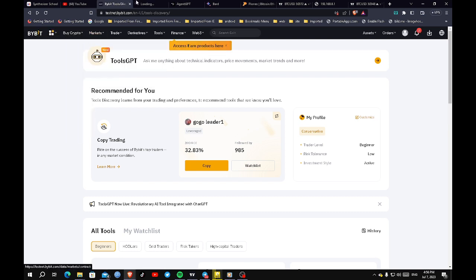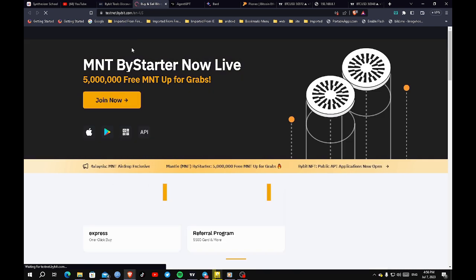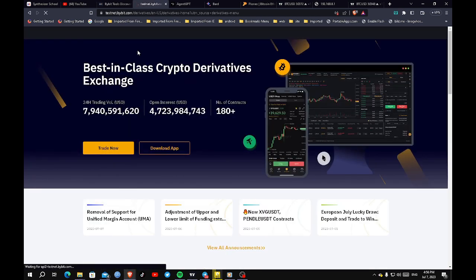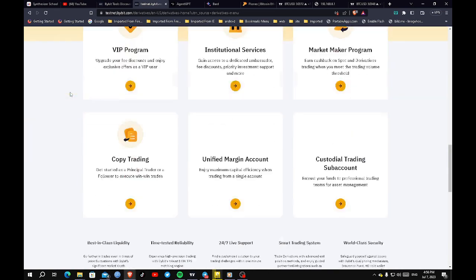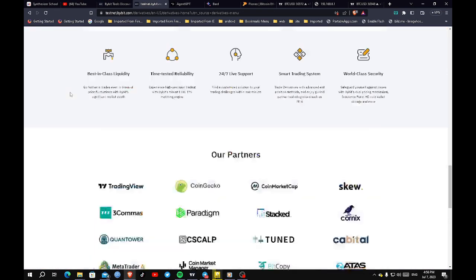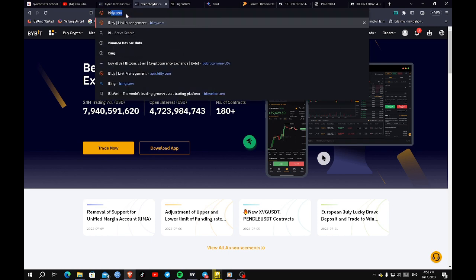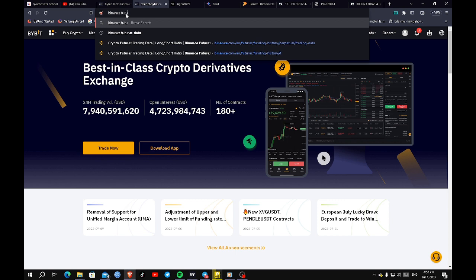Okay, let me open another page to go to derivatives portal. Okay, but it's not as comprehensive as Binance, so use Binance. Binance futures. There we are.